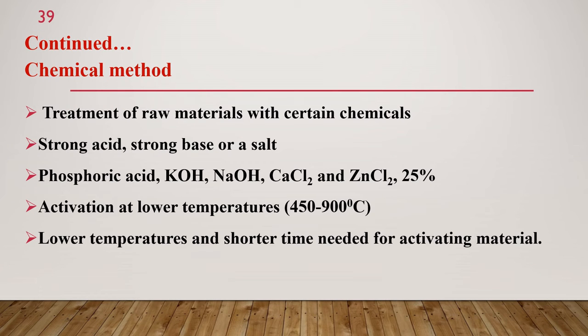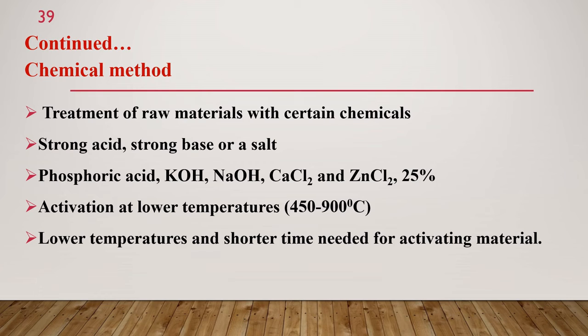Chemical method for the preparation of activated charcoal. The chemical method involves the treatment of raw material with certain chemicals prior to carbonization. These chemicals include strong acids, bases, or salts, such as phosphoric acid, potassium hydroxide, sodium hydroxide, calcium chloride, and zinc chloride.